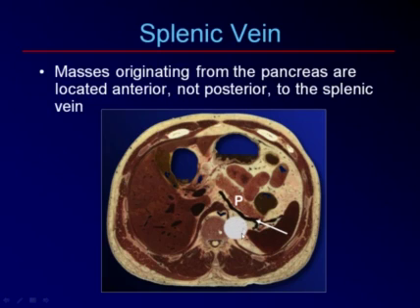However, if there should be a mass located posterior to the splenic vein, then that's not a mass of pancreatic origin. That would be an adrenal mass or a retroperitoneal mass or a neurogenic type tumor or a sarcoma of some sort, but not pancreas.